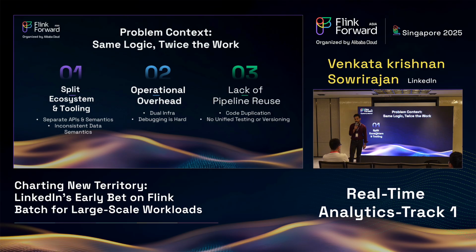So far, at LinkedIn, for all batch processing, Spark has been the de facto, and Flink for streaming. So any sort of batch processing has to be done through Spark, and streaming has been done through Flink.